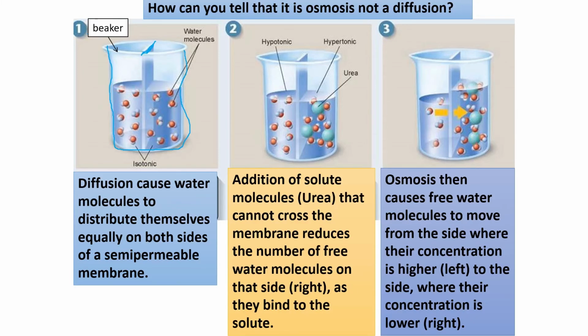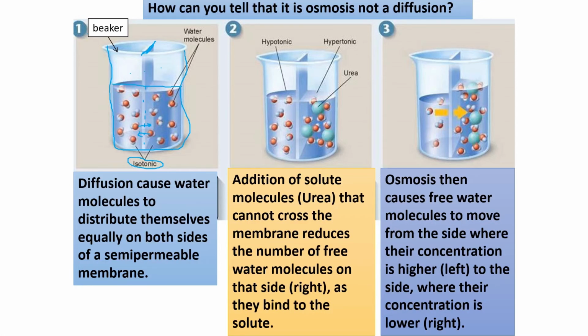And on both sides of the beaker, we have solution. It's called isotonic solution. It means the concentration is the same. It means water will pass through this membrane in both directions in the same amount, and its volume will not change.